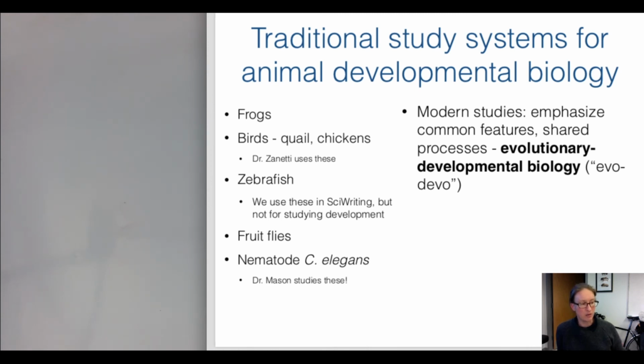And so in general, across developmental biology, the overall interest is in common features of developmental processes across organisms, so processes that are really shared. And this has really blossomed into a new field in about the past 20 years within biology, the field of evolutionary developmental biology. So if you find this really fascinating, just know that there's a lot of possibilities to continue studying in the subject area.